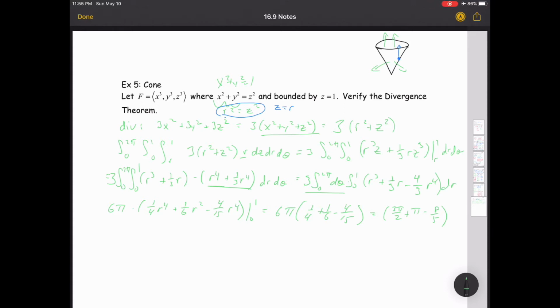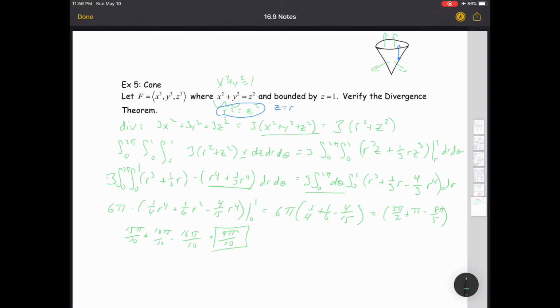So the first one in terms of tenths is going to be 15 pi tenths, plus 10 pi tenths, minus 16 pi tenths. So we're going to get 25 pi tenths minus 16 pi tenths, so it looks like 9 pi tenths. And believe it or not, that was the easier way to do it.